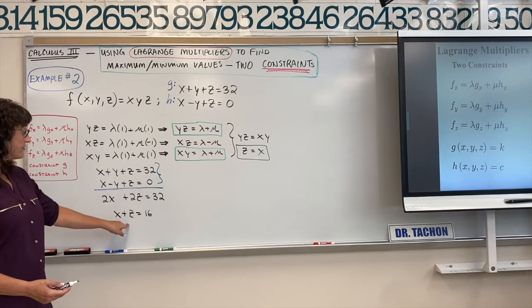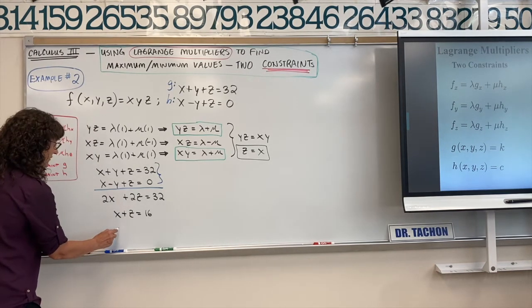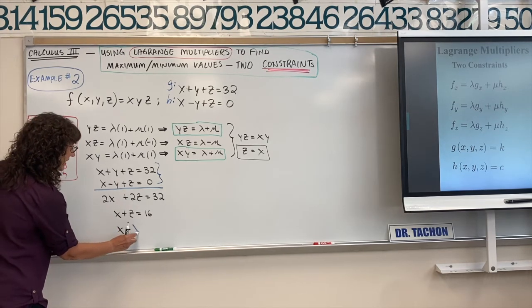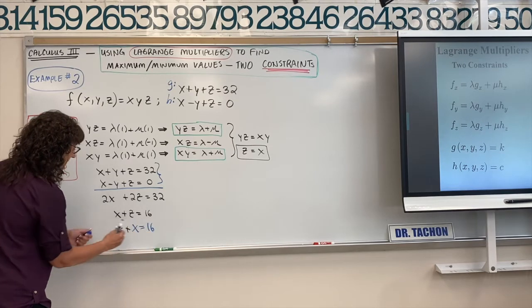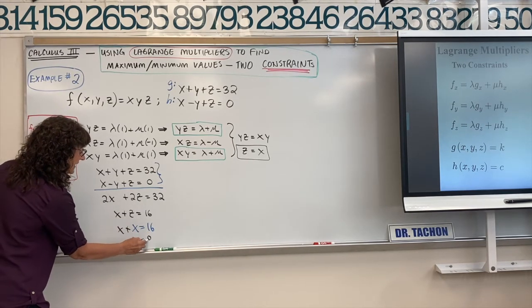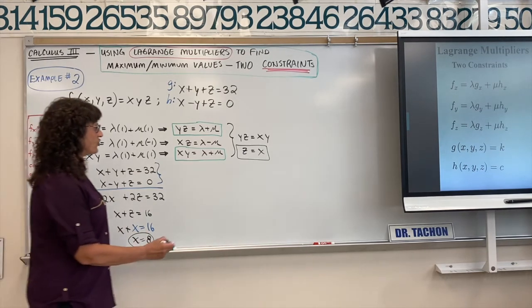So x plus x must equal 16. 2x is 16, so x must equal 8. And x equals 8 means z is equal to 8, okay? So what do we have right now?